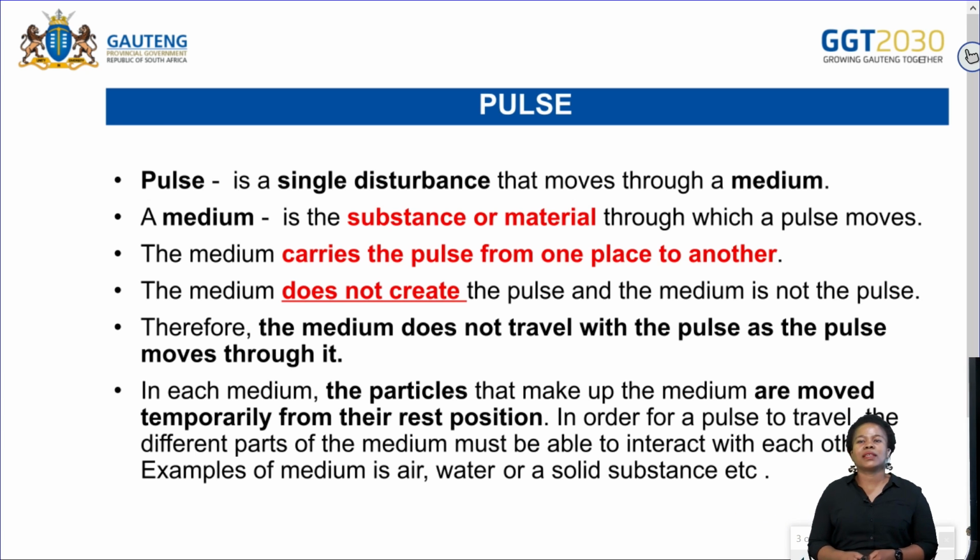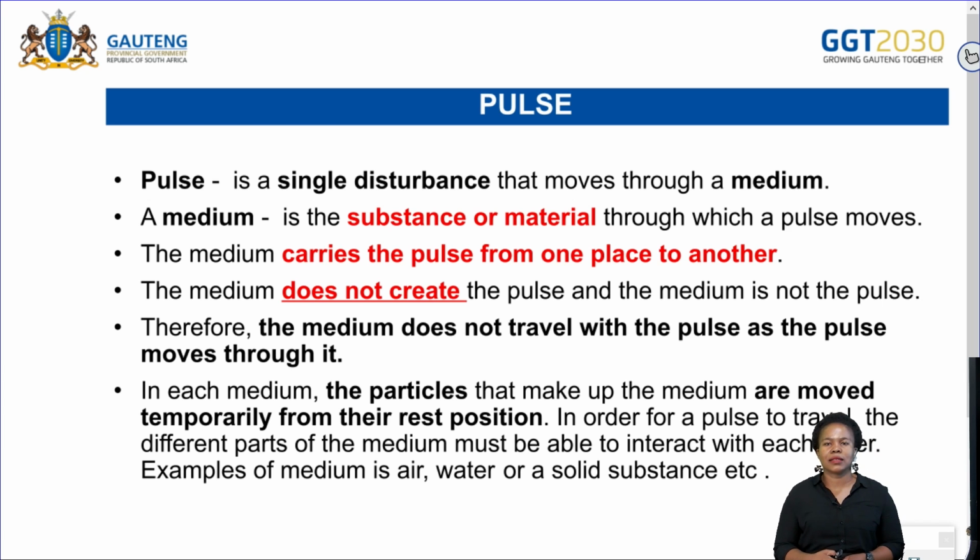Okay, now the medium does not create the pulse. But what do we mean by that? Before you threw a stone into this quiet water, there was no disturbance. So the medium itself, the water itself, because in this case, water serves as what? As a medium, because now the pulse was able to move through, being carried by what?